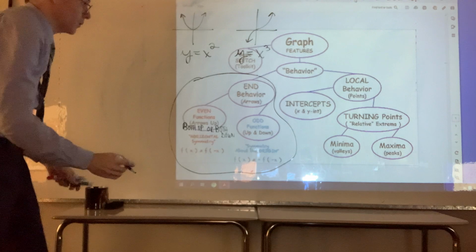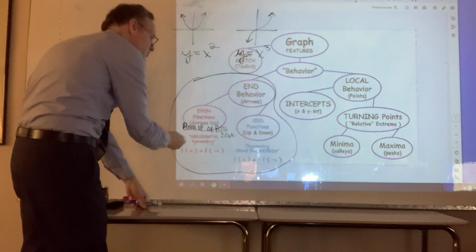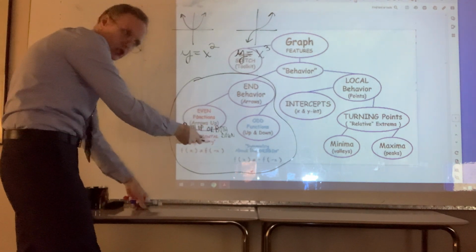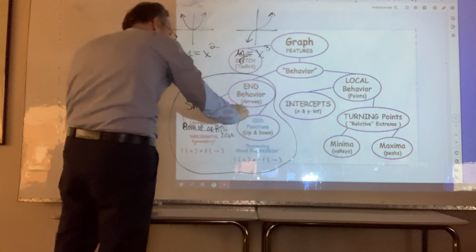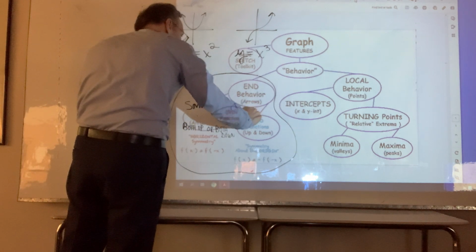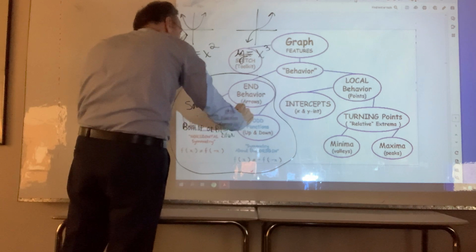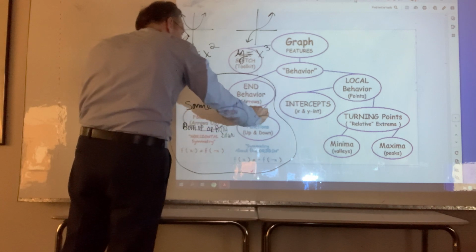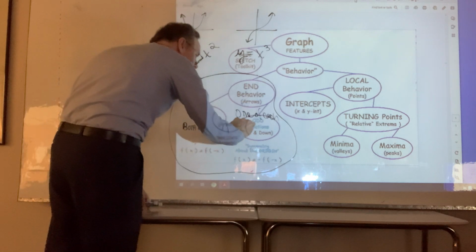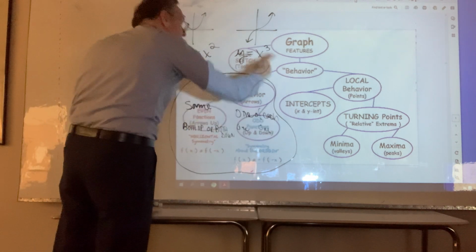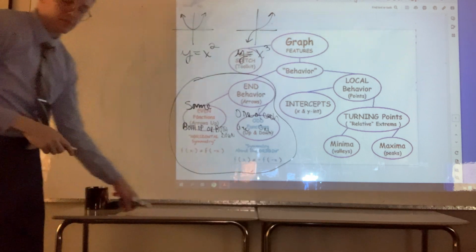So make this distinction. Even functions, same direction, both up, or both down. Odd functions, one of each, that is one up, one down, like that.